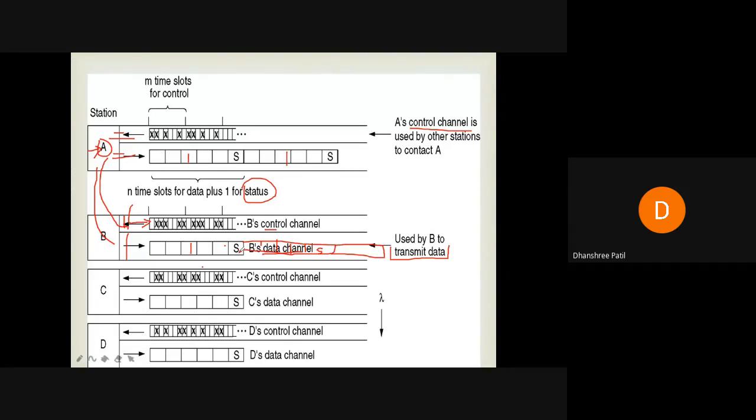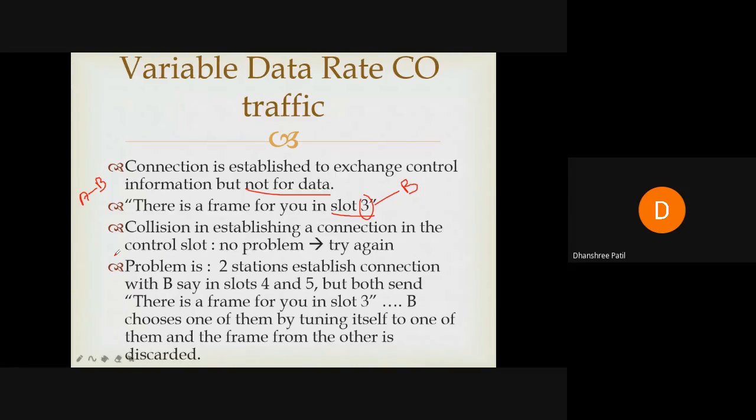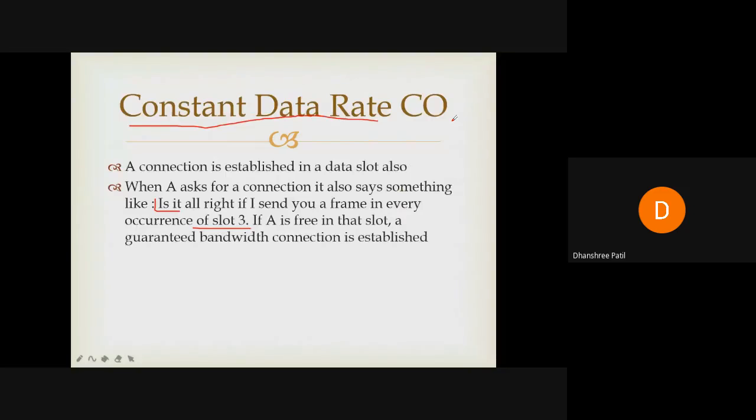The slot for which it has requested will be reserved only for station A. Okay, so that is nothing but the variable data rate, sorry, constant data rate connection oriented traffic. Am I clear? Yes ma'am. Okay.